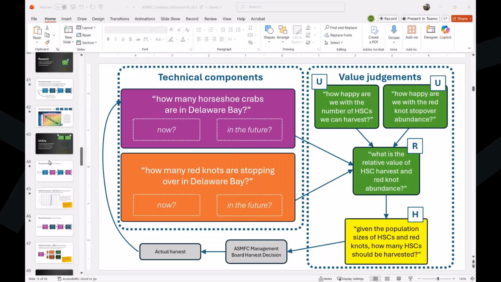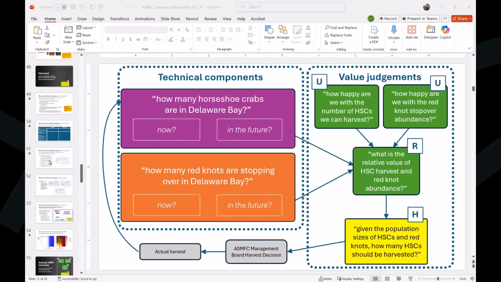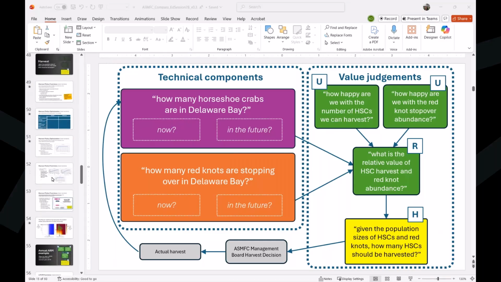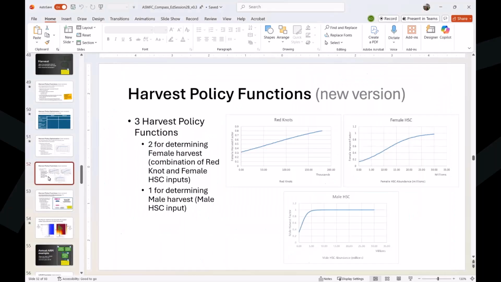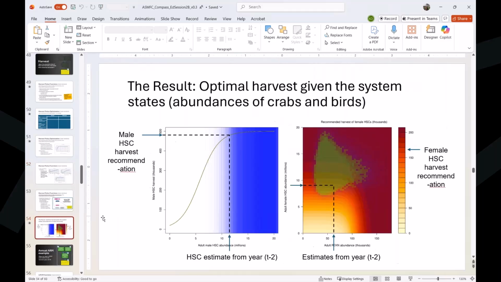I can talk about that a little bit, I guess. If you'll show the harvest policy function there, Crawford. Maybe the actual Slide 3-dimensional one. Yeah. So the answer to that is currently there's not a baked-in threshold or anything like that below which female horseshoe crab harvest is pegged to 0.